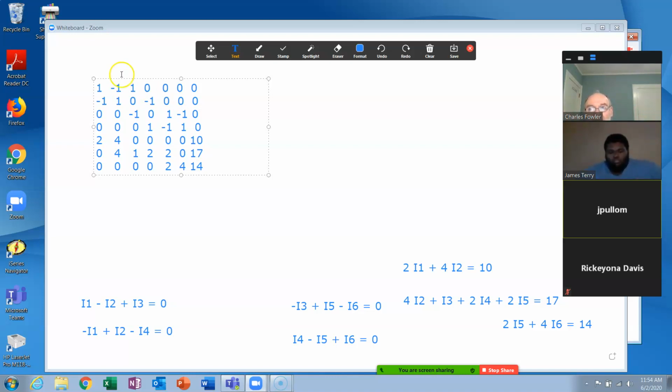The third rule we can do is add a multiple of one row to another row. That will work here. That will make this become a 0 if we add, and I'm going to write it out here to the side, row 1 plus row 2.